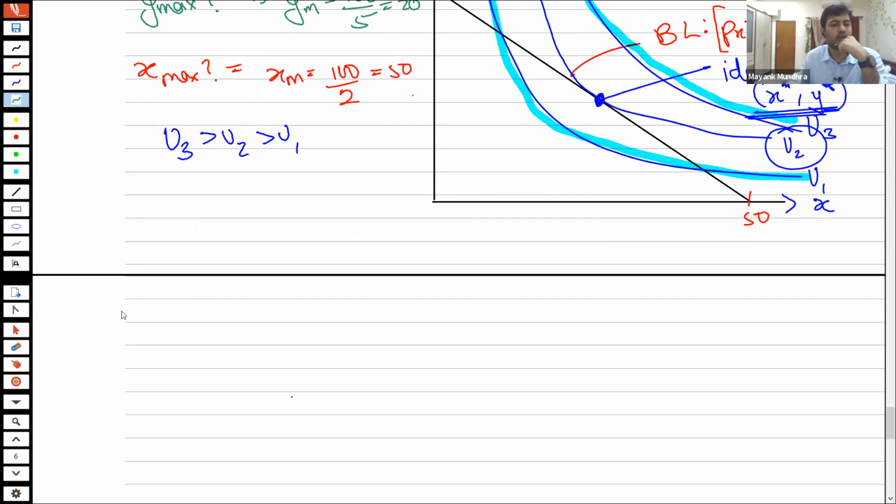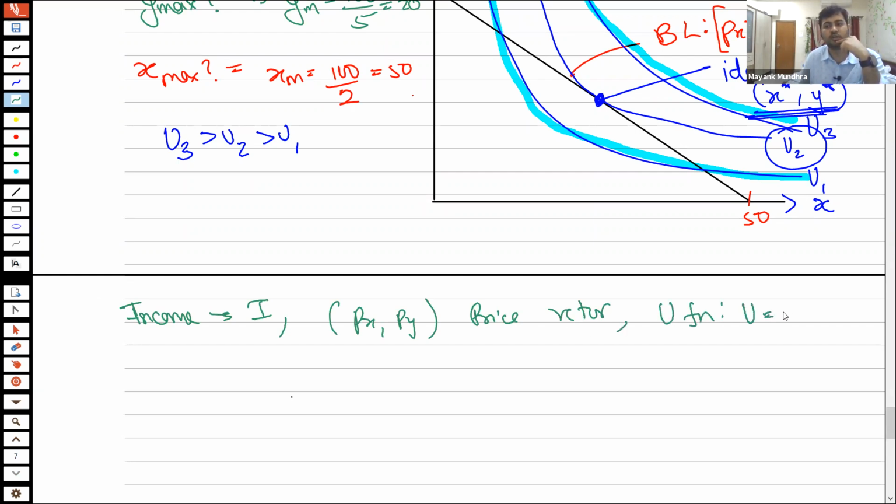Things we know: income is I. We know Px comma Py is the price vector. And we know that the utility function is u equals u of x comma y.